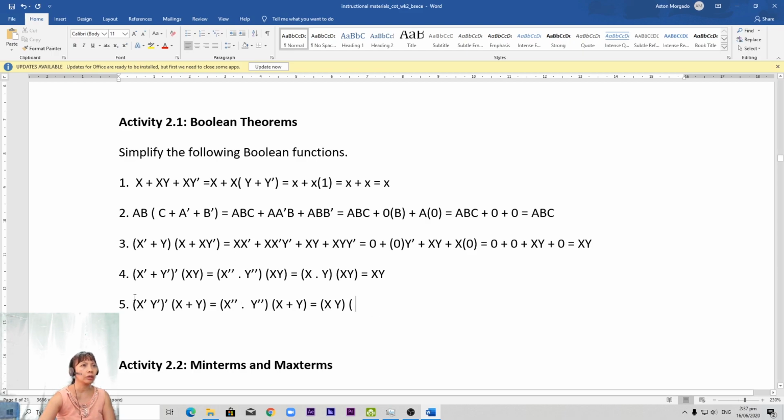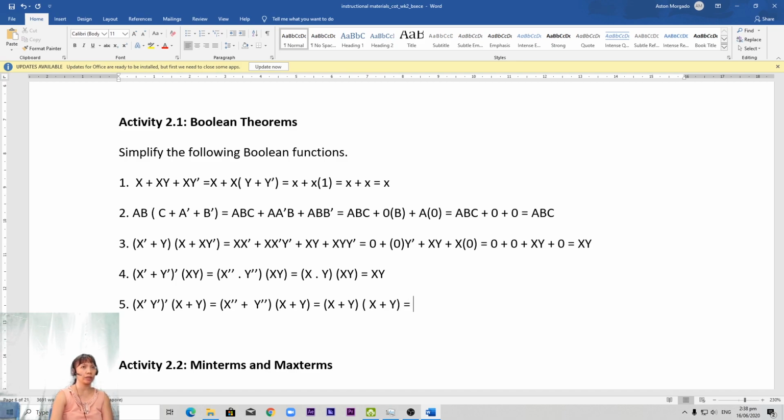Since this is dot, we have to change the operator from dot to plus. So this should be x plus y, then x plus y times x plus y.